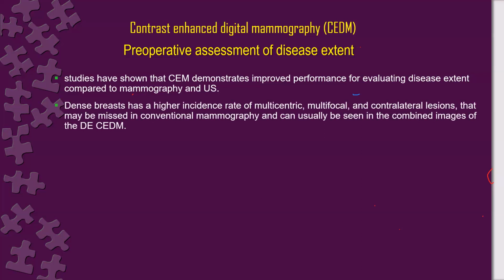Dense breast has a higher incidence rate of multicentric, multifocal, and contralateral lesions that may be missed in conventional mammography and can usually be seen in the combined image of the double energy contrast-enhanced mammography. Meaning, the dense breast not only obscures, but it also has a chance of developing more cancer.